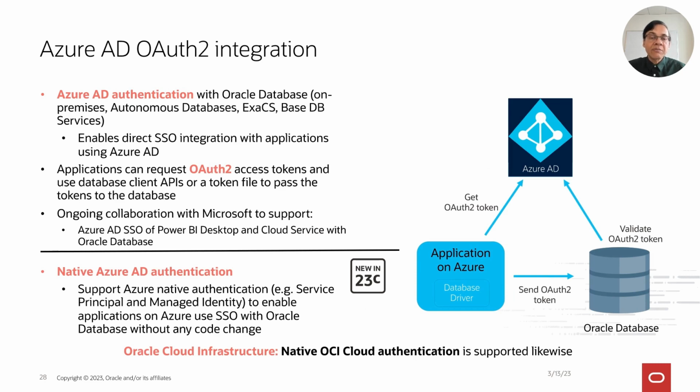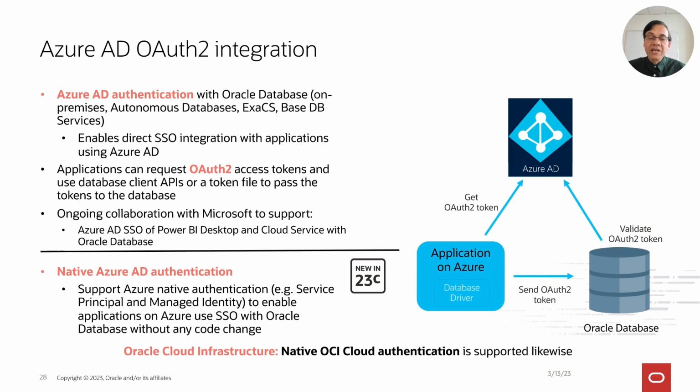Let us go into a little bit more detail on the Azure AD OAuth2 integration and some of the enhancements that we are doing in DB23c. As we talked about before, we are supporting Azure AD authentication with Oracle database, both on-premises and cloud.